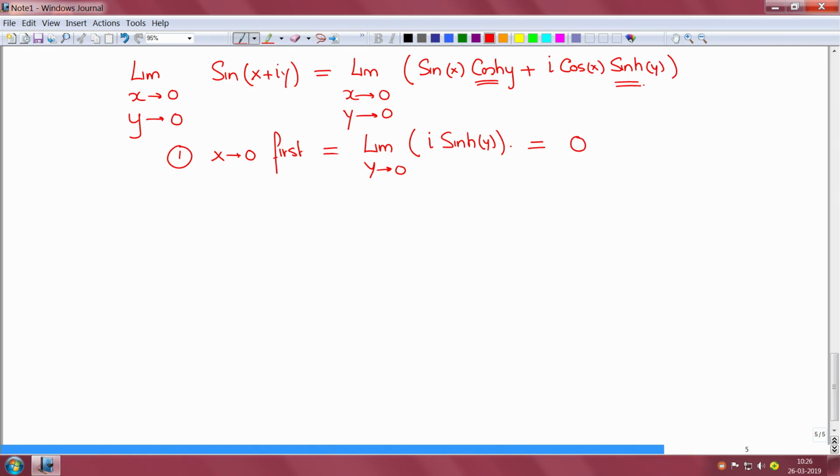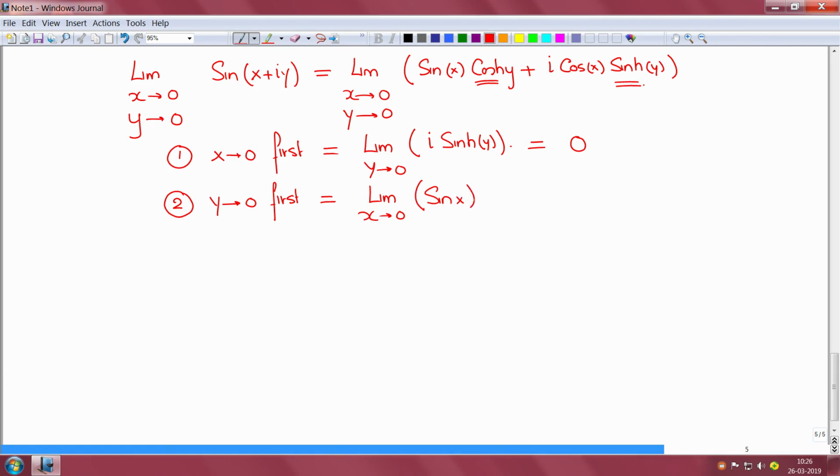Okay. In the second case, we set y to 0 first. And we get limit x tending to 0, y is 0, and therefore this term is 0, sinh y is 0, this term is 0, and here we get 1 and we have sin x.